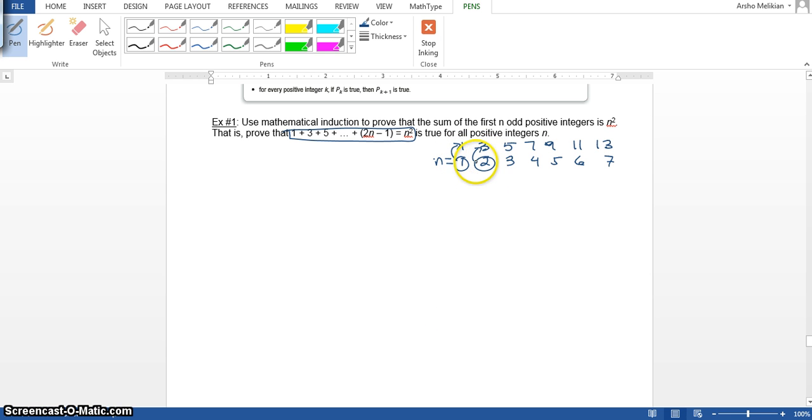Each time, how do these numbers relate? Well, if you look closely, you'll see that when n equals 2, the value is 3. When n equals 3, the value is 5. So if you multiply n by 2 and subtract 1, that's the value of your term. So that's why it says 2n minus 1 here. Okay? Questions here? Yes? Okay.